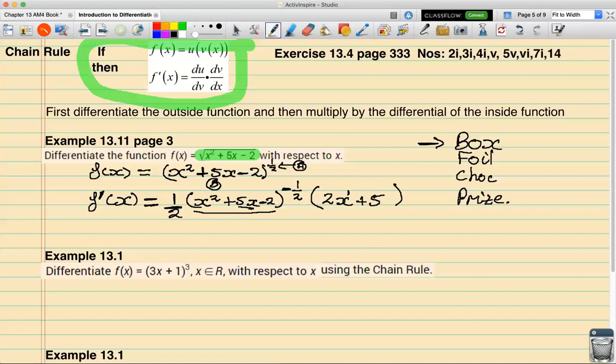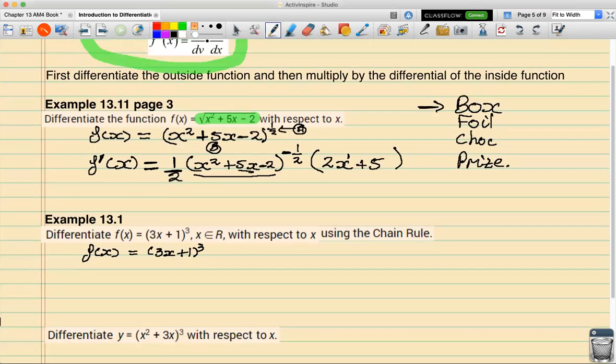Let's look at example 13.1. You've got a chain rule question, because you've got f of x is equal to 3x plus 1 to the power of 3.